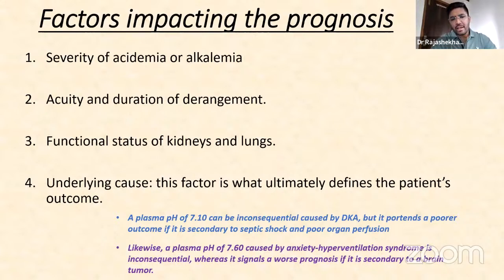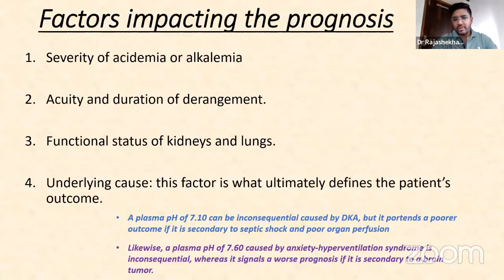As I discussed in the last class, even a 7.1 pH will not warrant the administration of bicarbonate in diabetic acidosis, whereas the same pH, if observed during septic shock, might be very problematic for the patient.